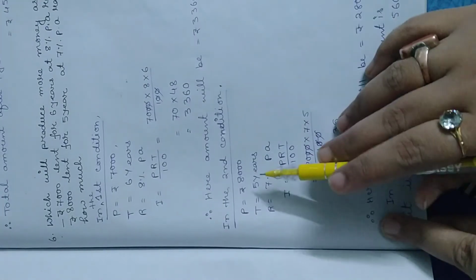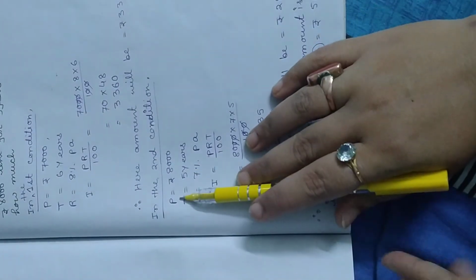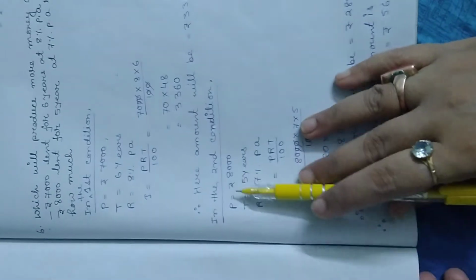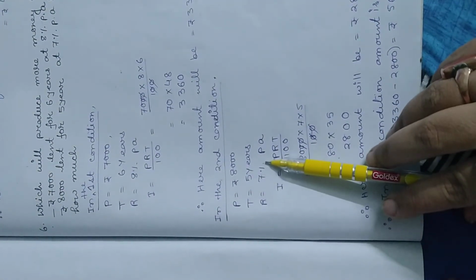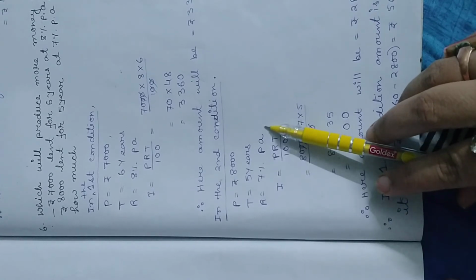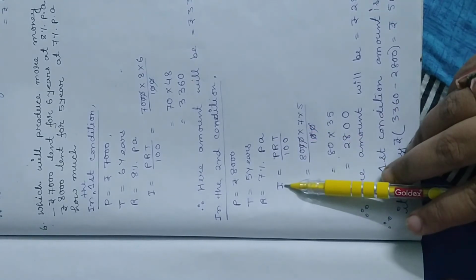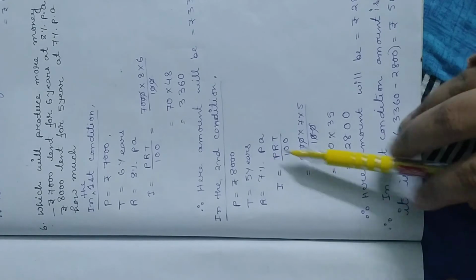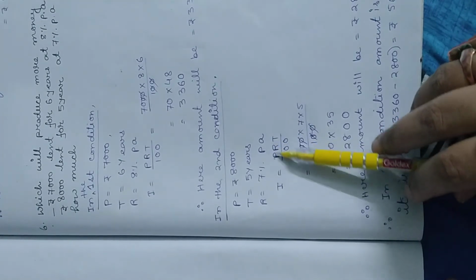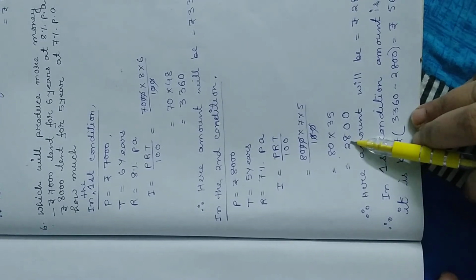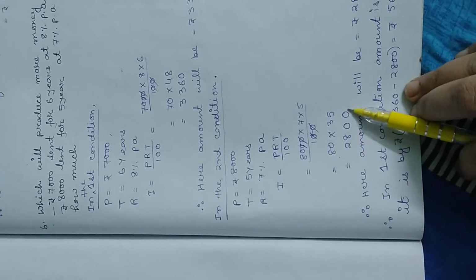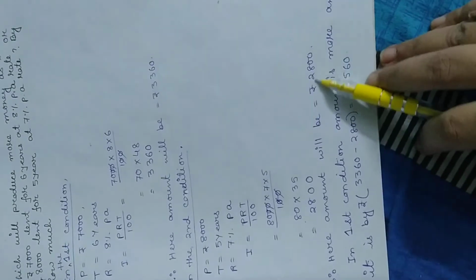And in the second condition this data is given: principal is 8,000 rupees, time is 5 years and rate of interest is 7% per annum. So we put in the interest formula. Then after putting the values of PRT we get 2,800. So here the interest is 2,800.